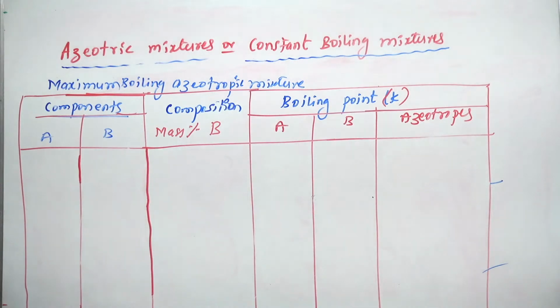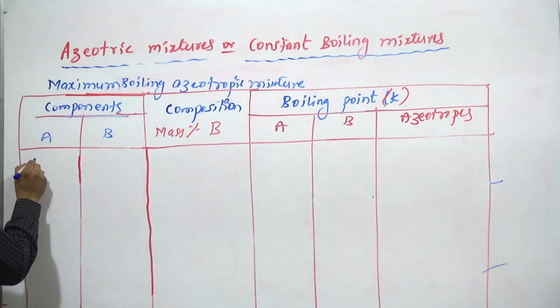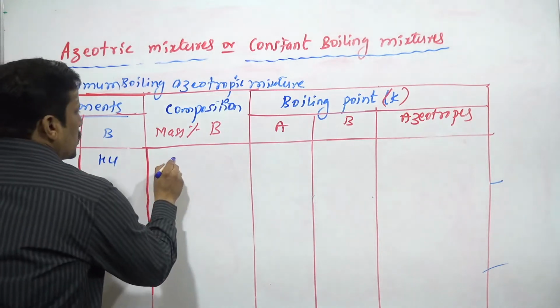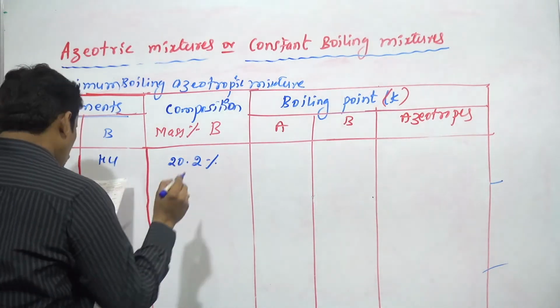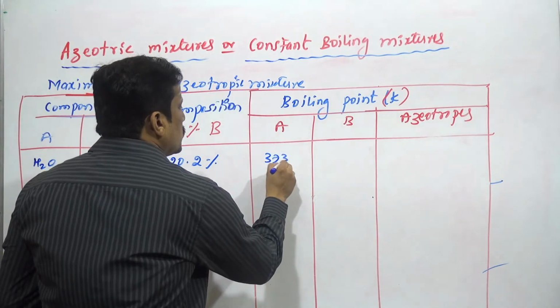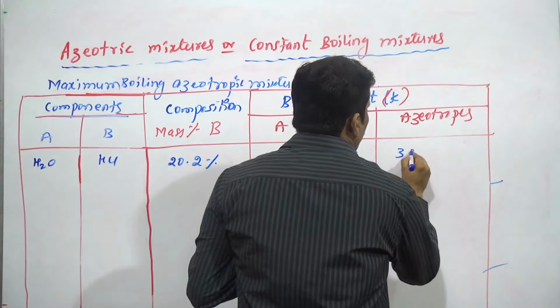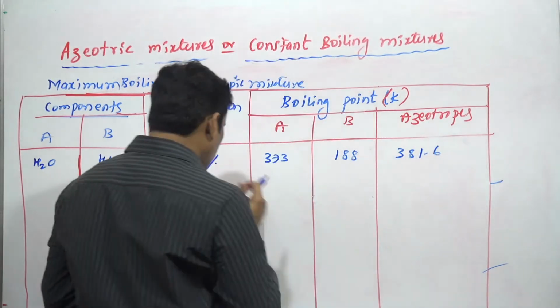Okay, so I'll write examples for maximum boiling azeotropic mixtures now. H2O and HCl, mass percentage of HCl is 20.2%, boiling point is 373 Kelvin, and this is 188 Kelvin. Azeotrope is 381.6 Kelvin.